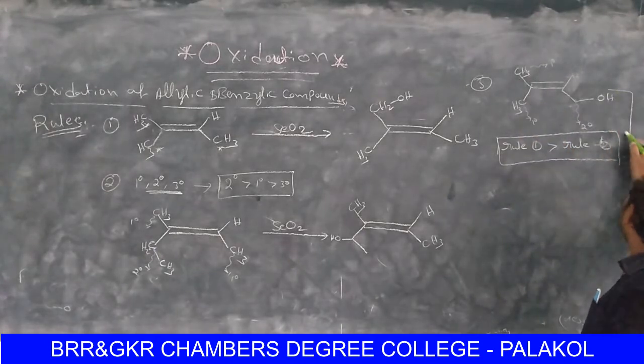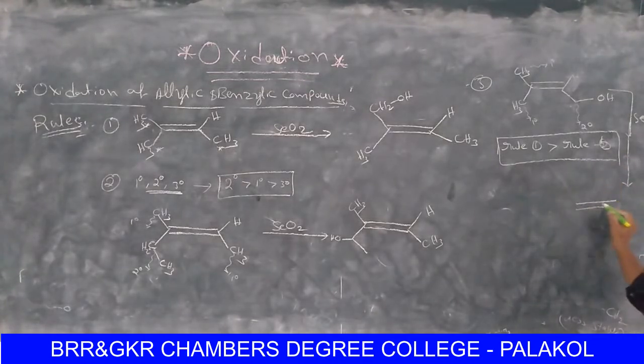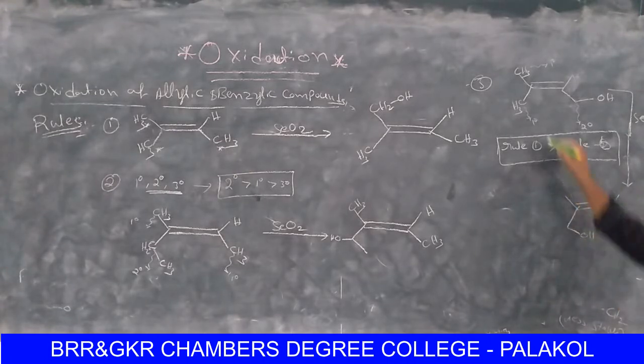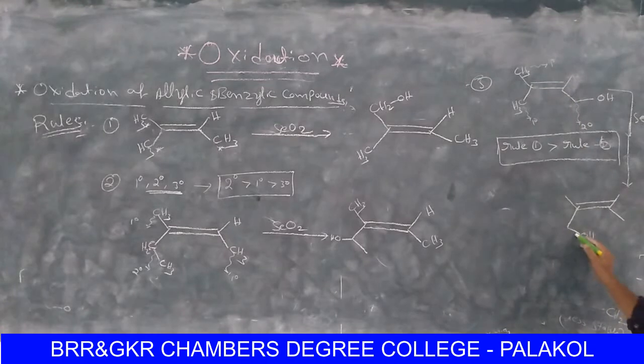So when you oxidize with SeO2, what is the product here? The product is CH2OH, CH3. One of the CH3 groups is converted to CH2OH, with CH3 and hydrogen.